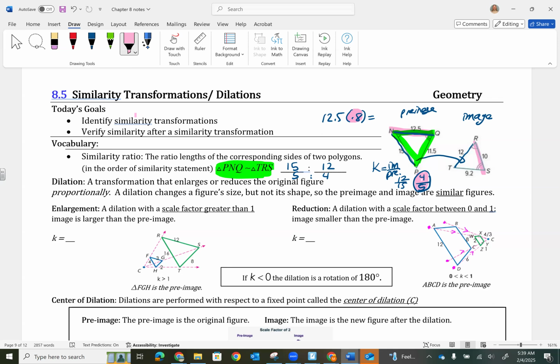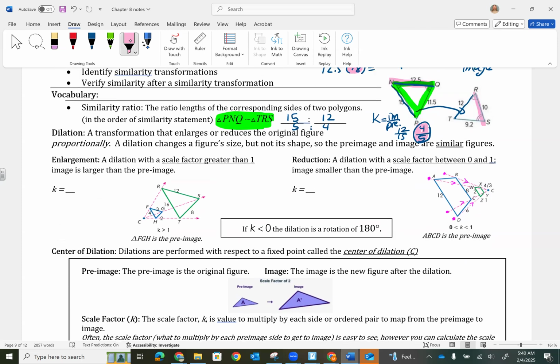If it's multiplying by a fraction smaller than 1, like 4/5, all your side lengths will get smaller. But remember, if they're similar, all the corresponding angles have to be the same measure. So the angles don't change size. It's only the side lengths that get bigger or smaller.